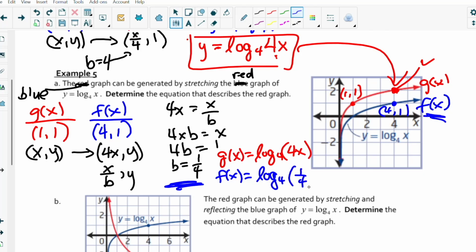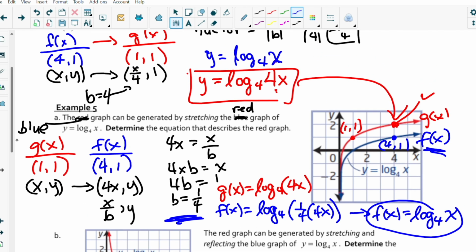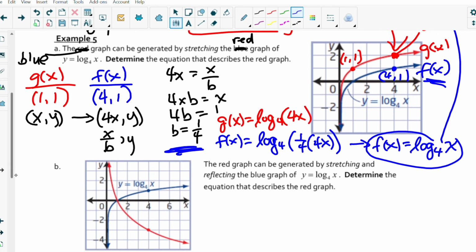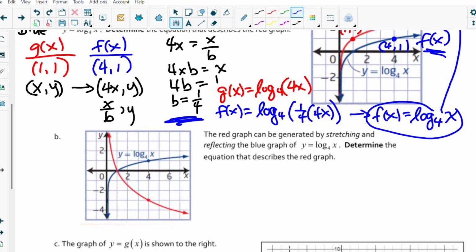Right in here. And then that equals f of x, log base 4 of x, and it should be no surprise to you that that is the same equation that we started with in the beginning. So we're making a horizontal stretch one way, then reversing the horizontal stretch.